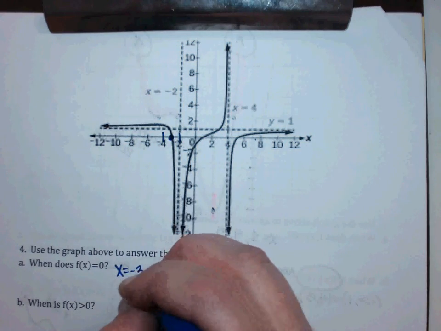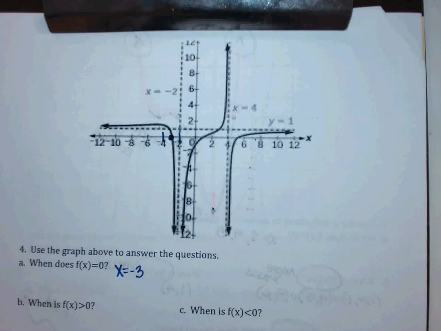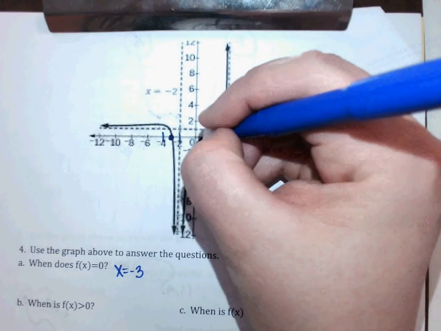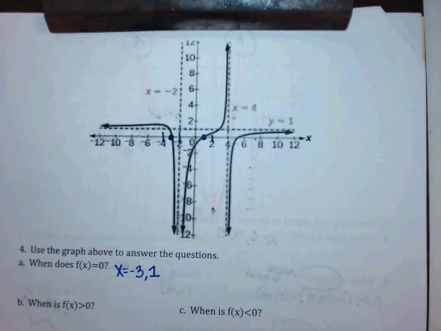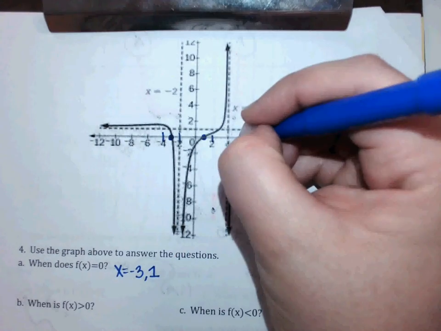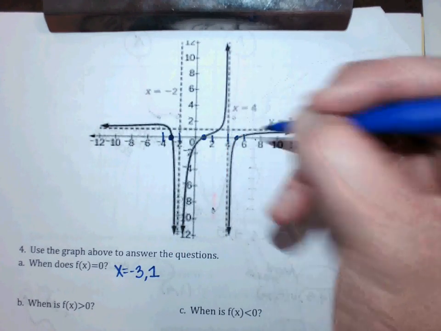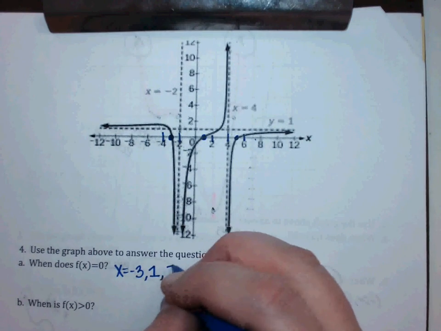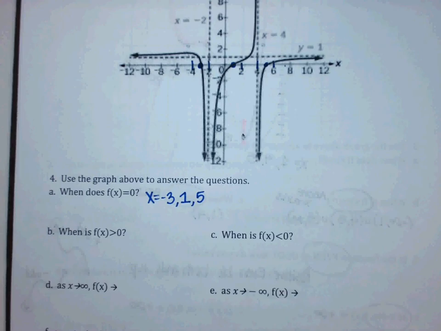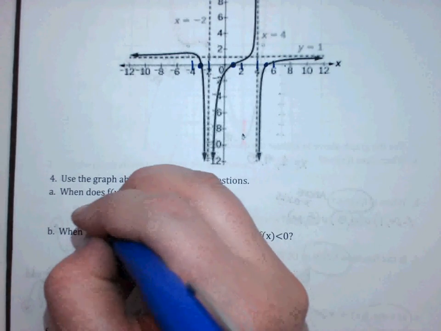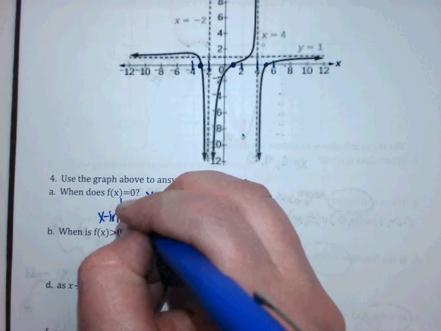Negative 3. Okay, then from here, this is 2, so what would that be? 1. Okay, then I have one more over here. Looks like it happens between 4 and 6. What could that one be? 5. So remember, when f of x equals 0, you should be looking at your x-intercepts.